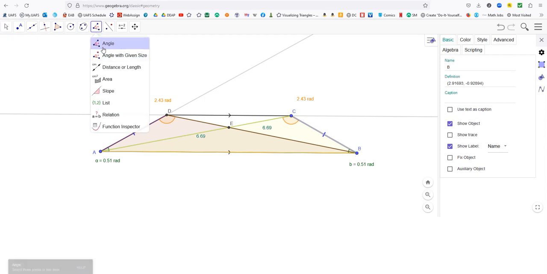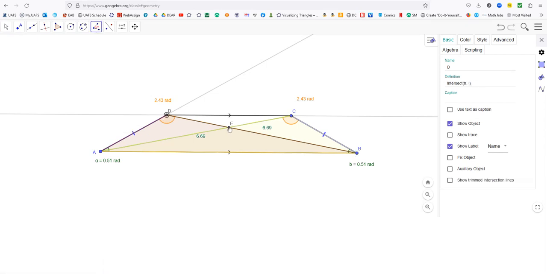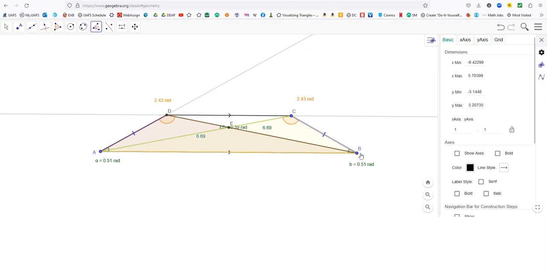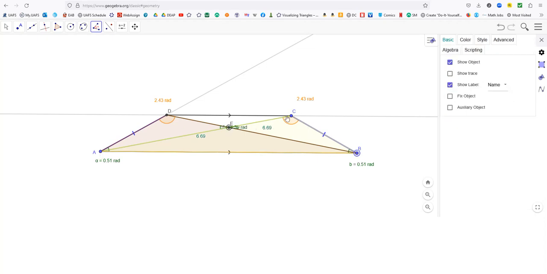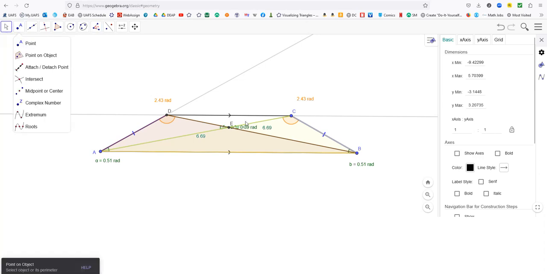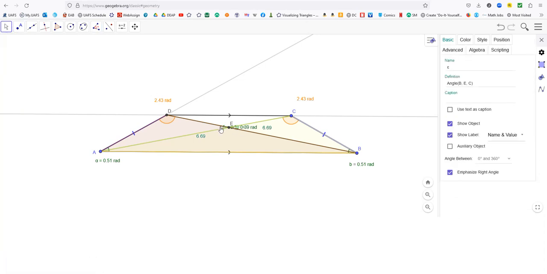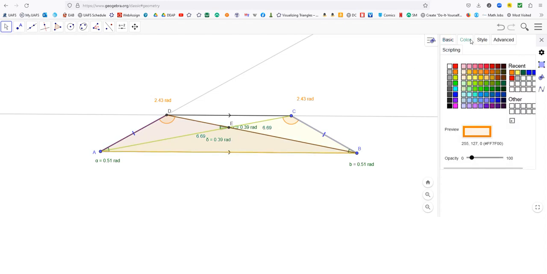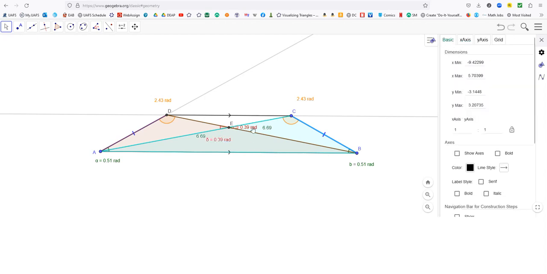A pair of vertical angles are always congruent, like DEA, that one, and here. So those two angles right there. Whoa, that's fine. It's not what I meant to do though. I meant to get this one and that one. So those are congruent to each other, there and there.